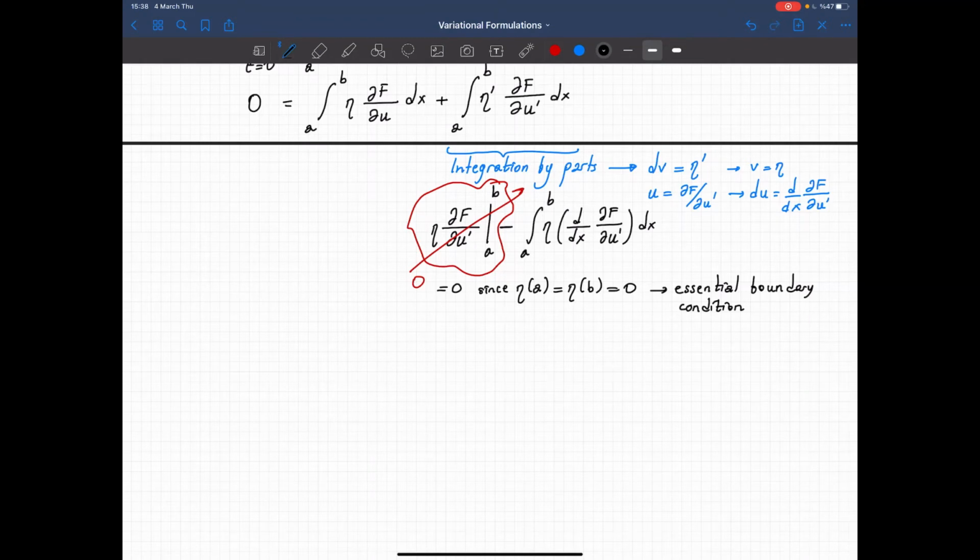And if we gather all the equations together, I have 0 is equal to the integral from a to b of an arbitrary function nu multiplied by del f over del u minus d over dx del f over del u prime, dx, must be equal to 0.